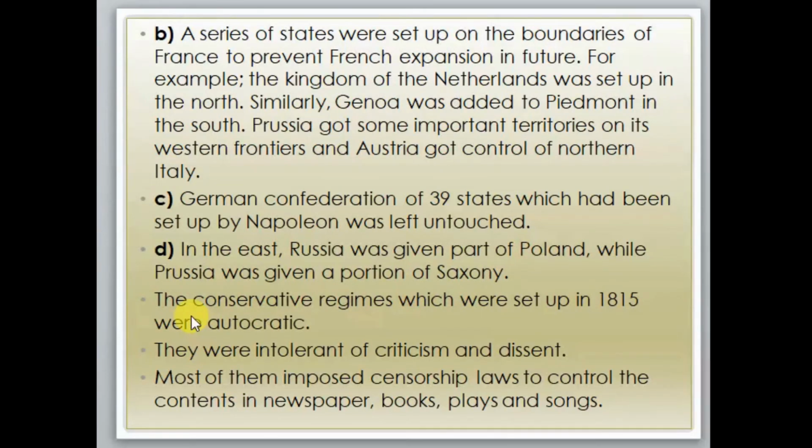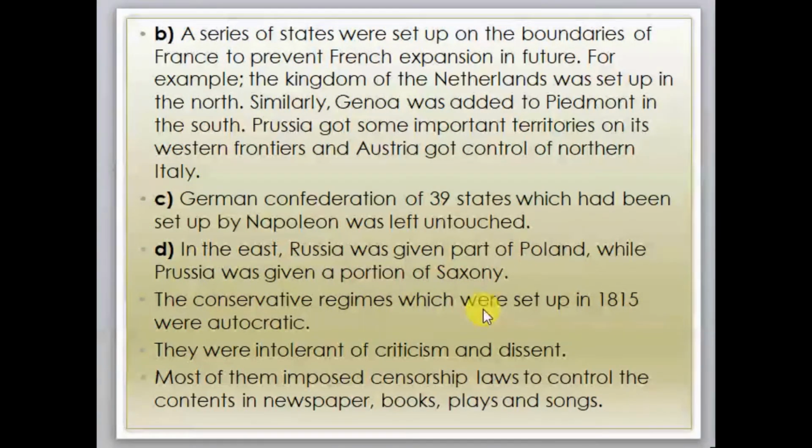The conservative regimes which were set up in 1815 were autocratic. They were intolerant of criticism and dissents. Most of them imposed censorship laws to control the contents in newspaper, books, plays, and songs.